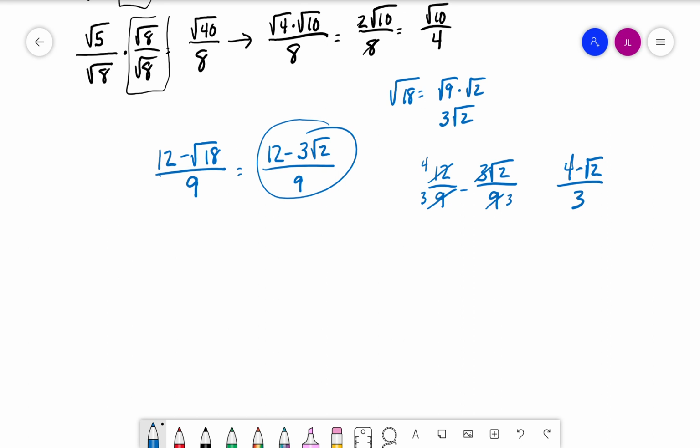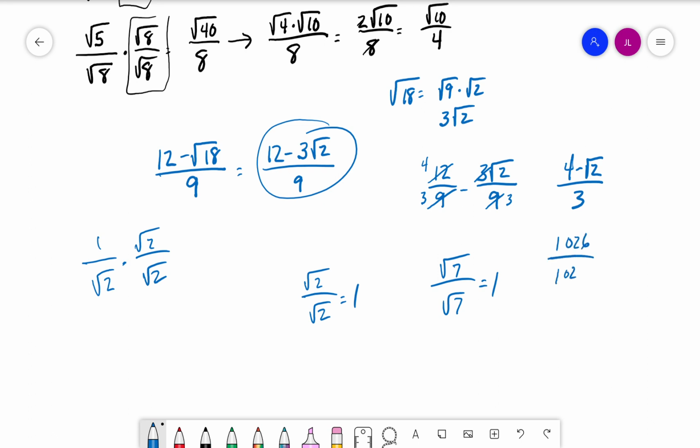So rationalizing denominators, remember, if we're in a square root, something like 1 over the square root of 2, we're going to multiply everything by whatever that denominator is over itself, because square root of 2 over square root of 2 is equal to 1. Square root of 7 over square root of 7 is equal to 1. Everything over itself is equal to 1.